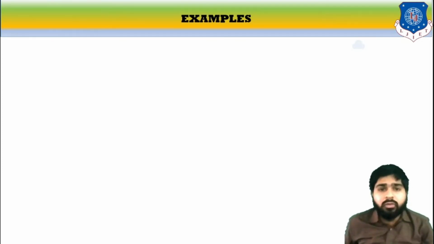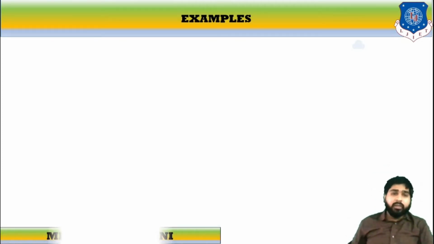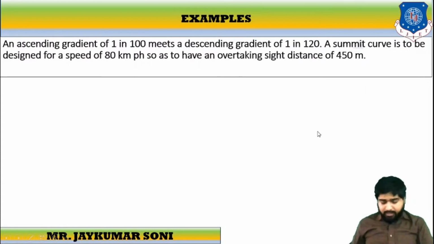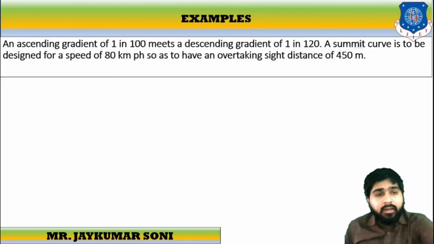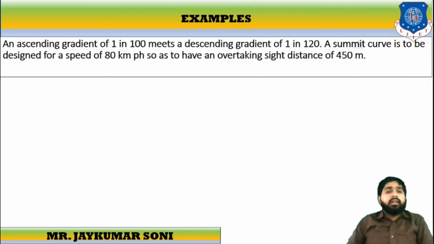Let us have a look at the statement of another example. The example states that an ascending gradient of 1 in 100 meets a descending gradient of 1 in 120.